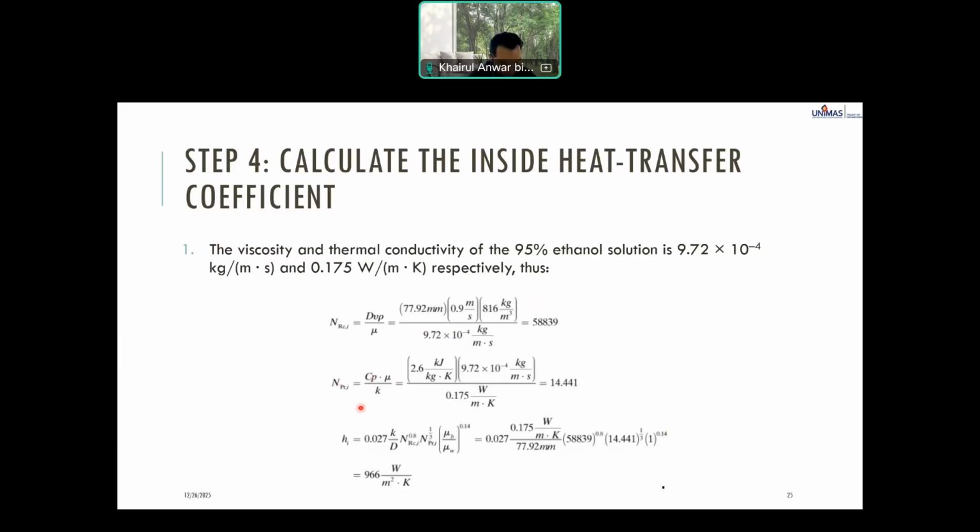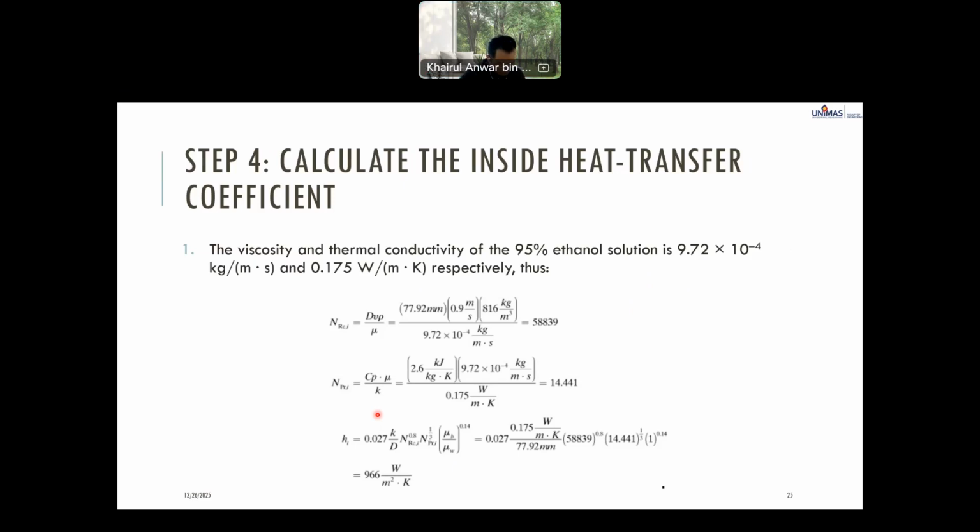Now it's the Prandtl number, Cp mu over K. K is 0.175, mu is 9.72, Cp is 2.6.